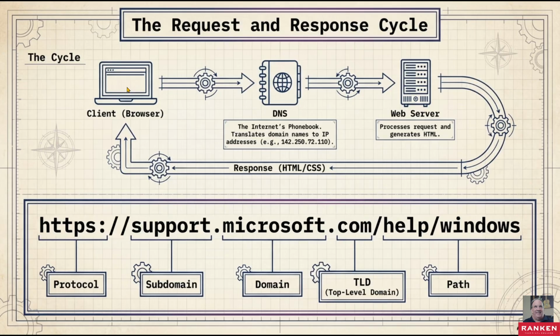But something like ESPN doesn't tell about the location, it's just a name, right? So what actually happens is you use what's called DNS. It's the Domain Name System, and it's basically the internet's phone book. It translates a domain name to an IP address.